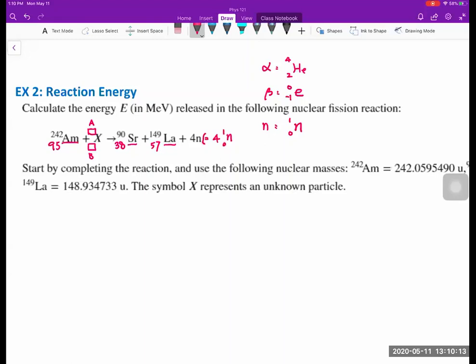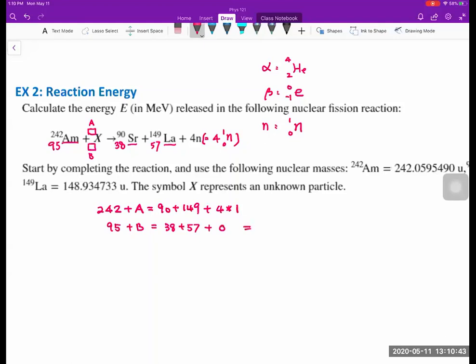So I look at the A number, I sum all the numbers on the top: 242 plus A equals 90 plus 149 plus 4 times 1. At the bottom, I have 95 plus B equals 38 plus 57 plus 0.